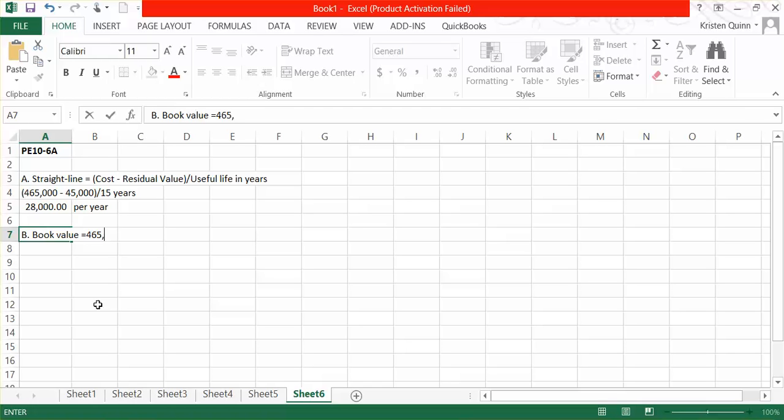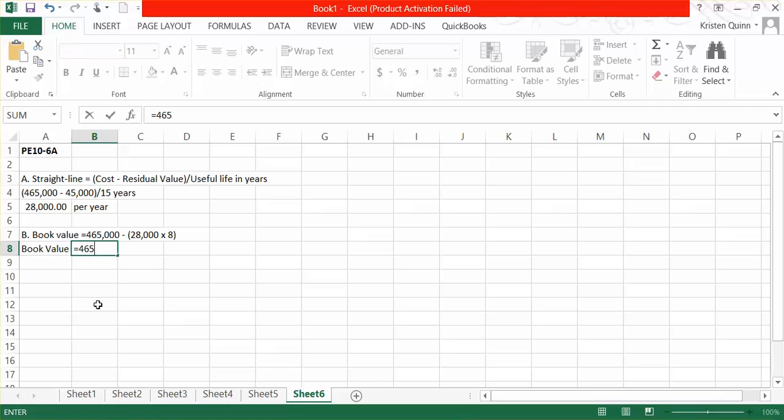So our book value, then again, the $465,000 minus our accumulated depreciation over the last 8 years. My book value is $241,000, meaning the value of this asset that's sitting on my books is $241,000.